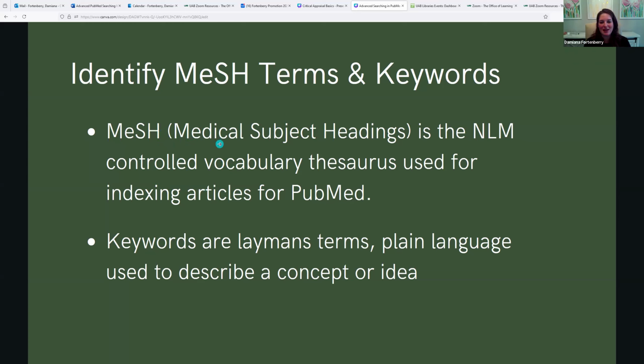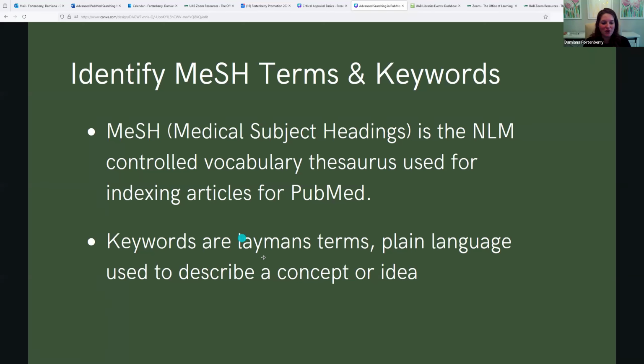There are always things being added to MeSH. There are sometimes problems with it, but for the most part, we want to include it in a search to make sure that it is as comprehensive as we can make it. And keywords are like, if MeSH is a dictionary term, keywords are like the Urban Dictionary. They are more plain language.